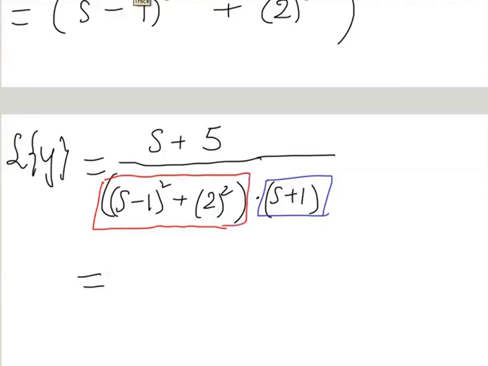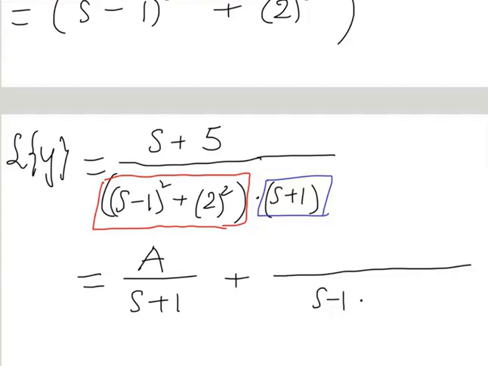The partial fraction has two pieces. Let's do the linear one first because that's easy. We just have A divided by s plus 1. For the irreducible quadratic, we have this: B times (s minus 1) plus C.